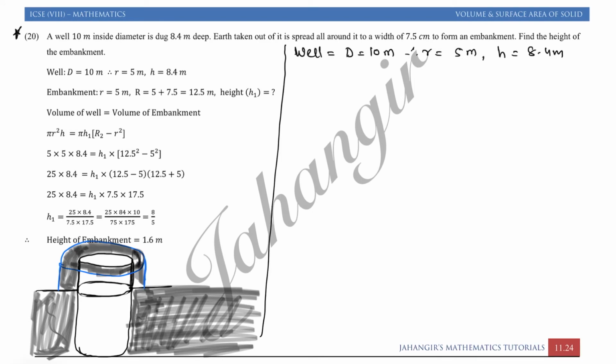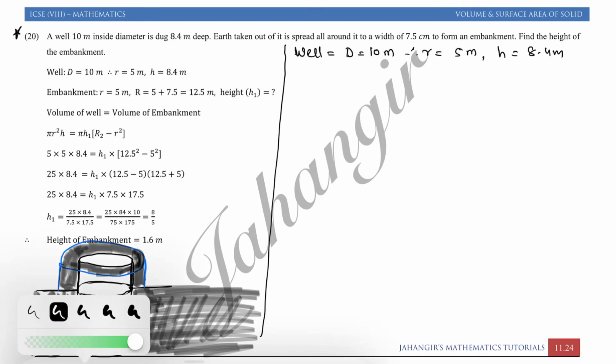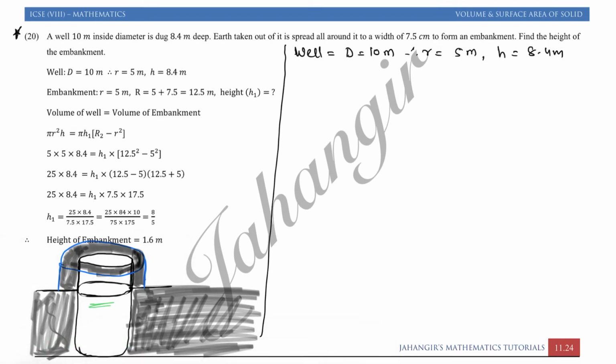So try to understand it properly. The earth from the well is spread over here, in this part, in the form of an embankment. The embankment looks like a hollow cylinder.